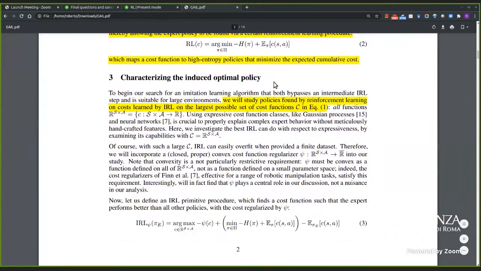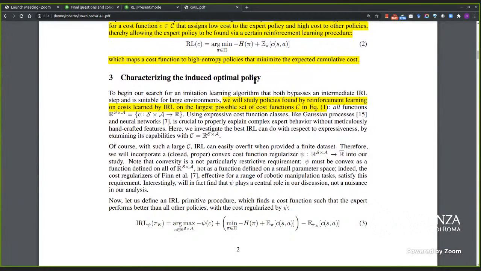But to analyze that, they went into the details of what would be the learned optimal policy if we perform inverse reinforcement learning and then reinforcement learning on some trajectories performed by an expert.